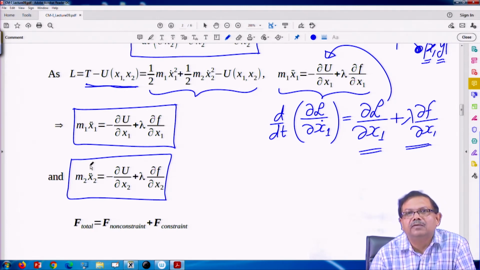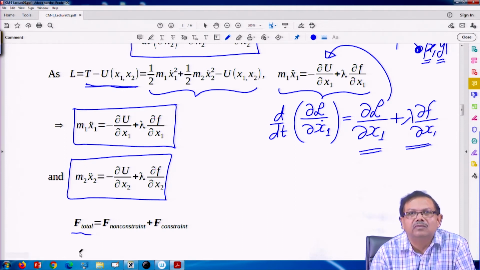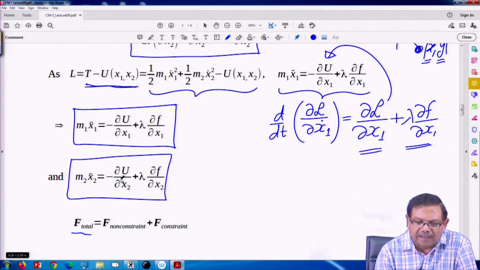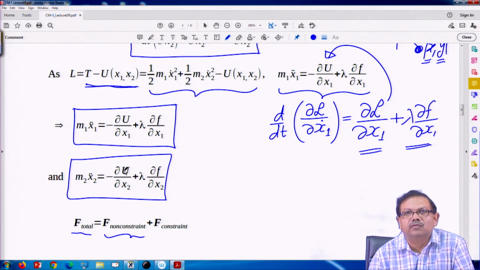Since the particle is moving in a plane, there are two components of the total force. One is along the x 1 axis, another is along the x 2 axis, and the force which is derivable from the potential energy is called the non constraint force.